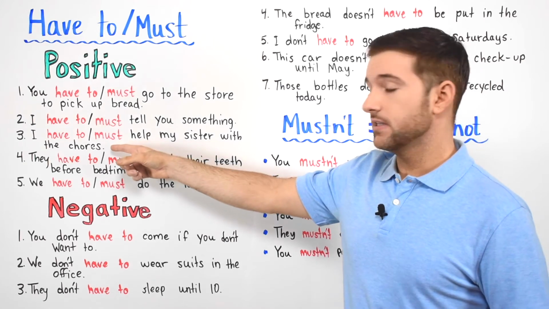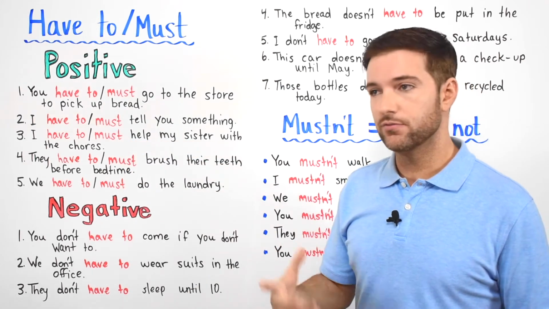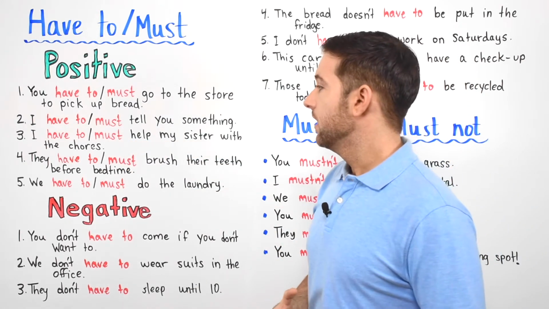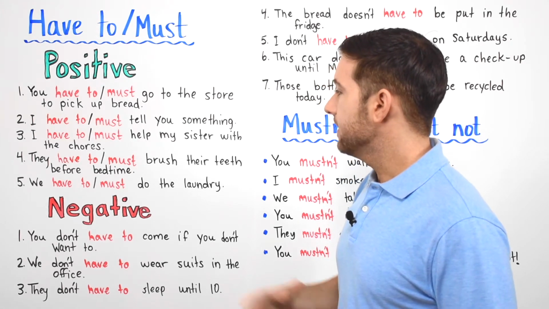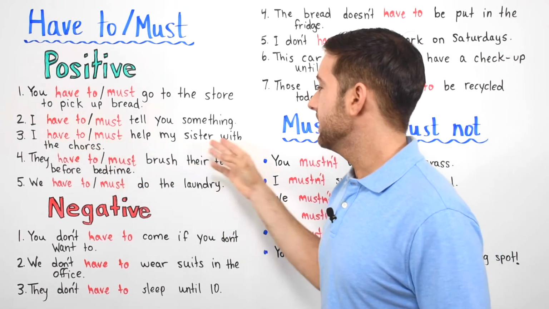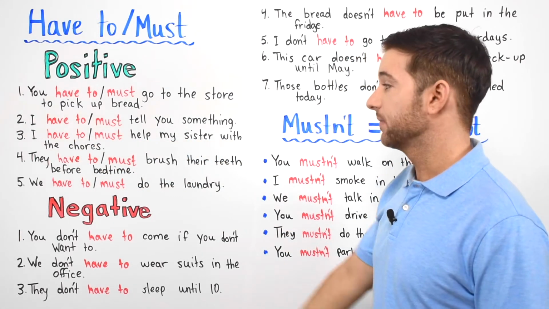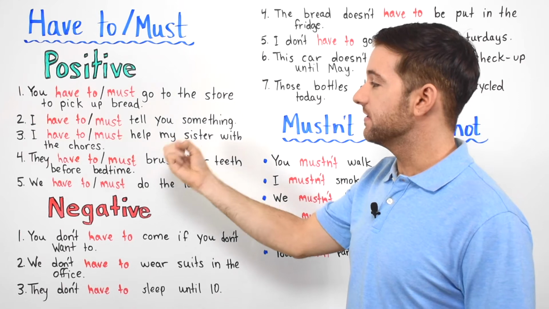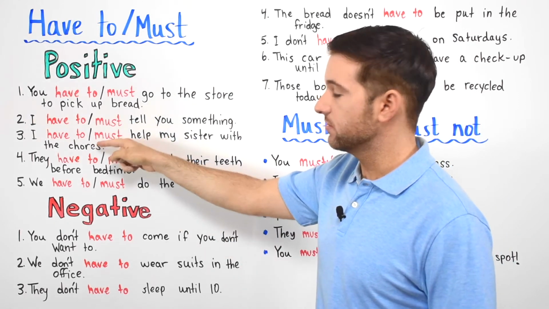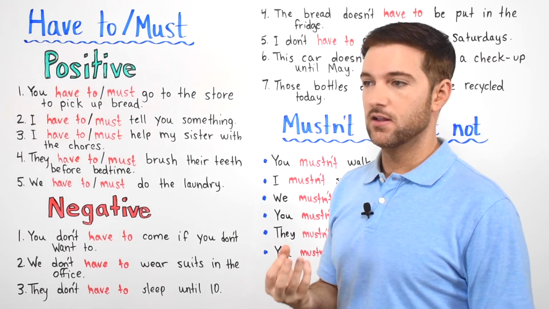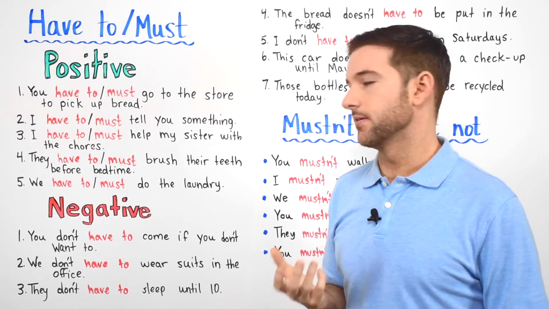These are chores, the things that you have to do to make the house beautiful and clean. And anyways, so I have to help my sister with the chores, and I must help my sister with the chores. Again, must puts an emphasis on the responsibility of helping your sister with the chores. Okay, there's a larger responsibility there.